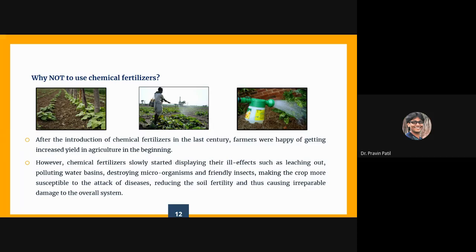When soil has a number of microbes, this consortium of microbes works together in a symbiotic association and offers a very stimulating environment to the plant. However, excess chemical fertilizers have killed those microbes, and those microflora have vanished from the surroundings, which has led to reduced soil fertility, and this overall is causing damage to the ecosystem.